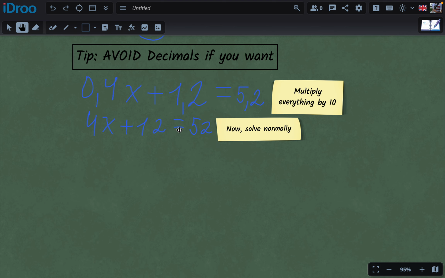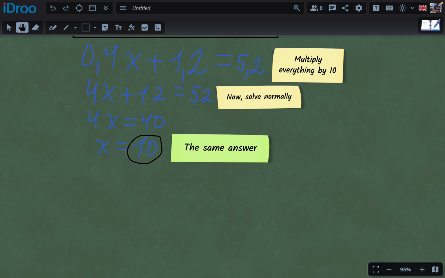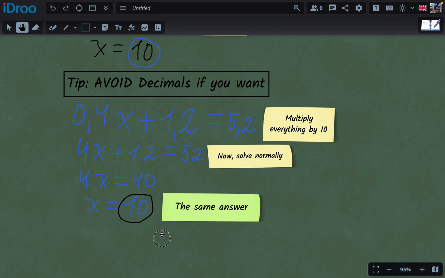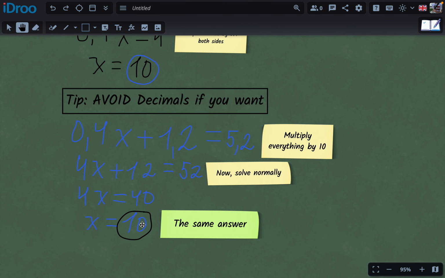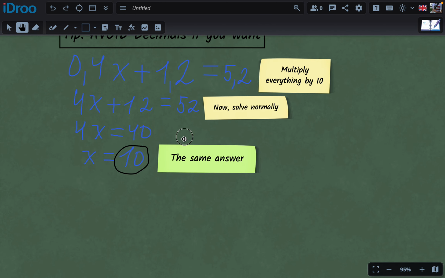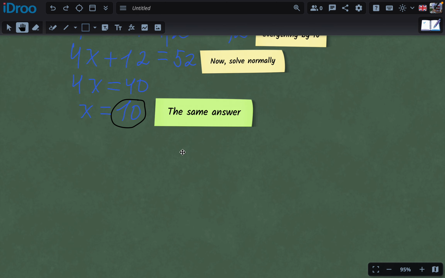Now we can solve normally. So to solve it, first of all we need to subtract 12 from both sides. Here we get the value for x, and x equals 10 as it was here, and it's the same number. You see it.